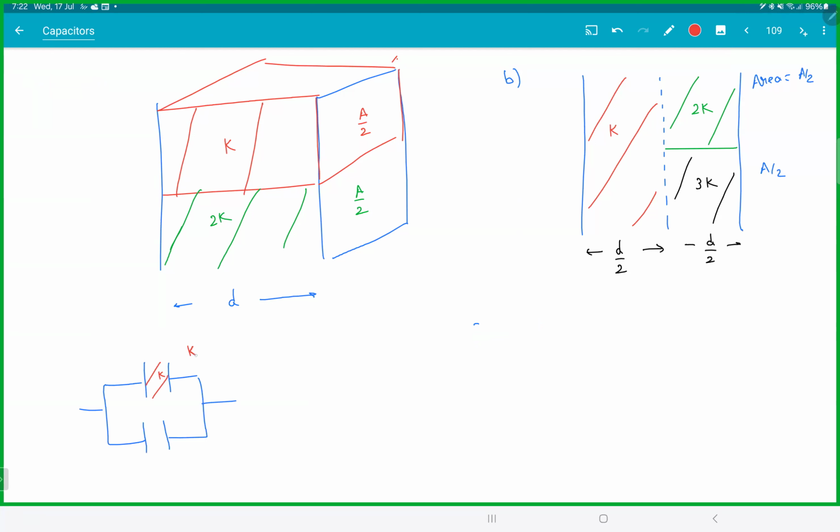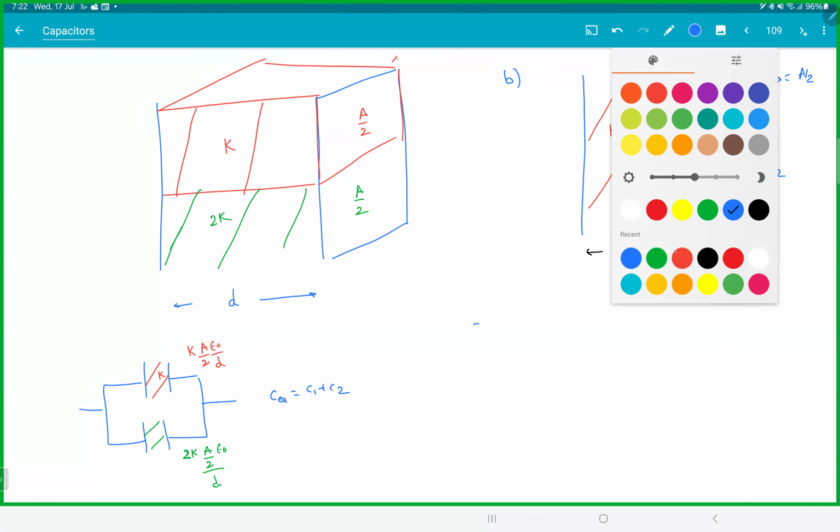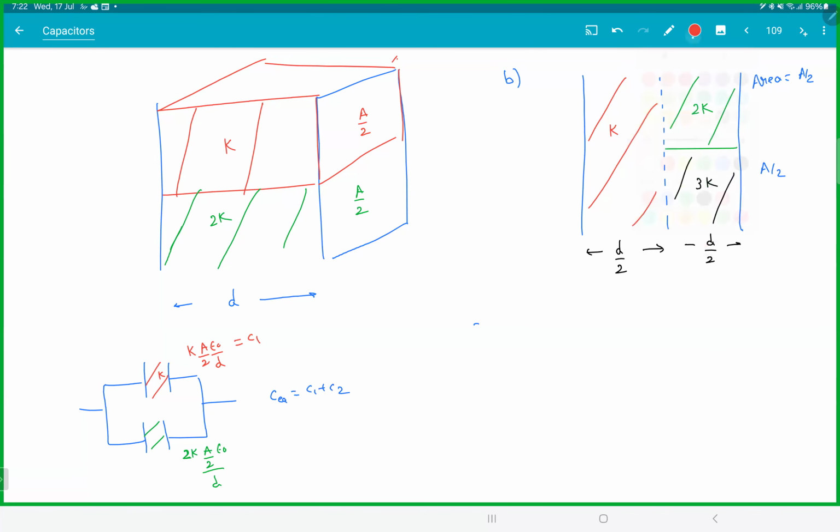So this would be K. Area became A epsilon by D. This is 2K. Area became A epsilon by D. Both are in parallel, so C equivalent is C1 plus C2. We had done the same thing in heat transfer.